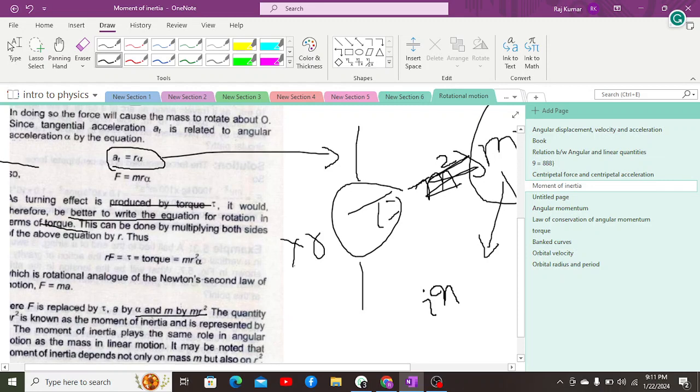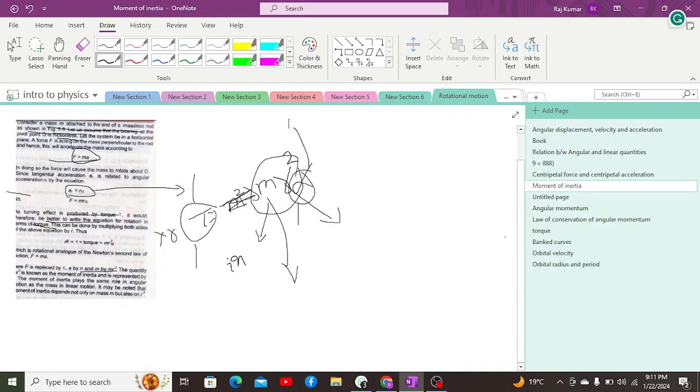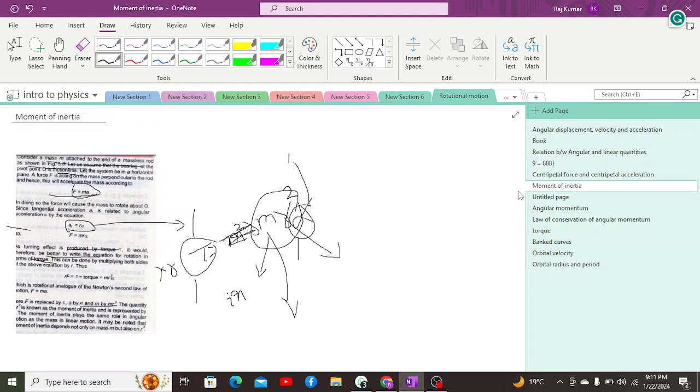The quantity is known as moment of inertia, which is represented by I, and it is dependent not only on mass but also on r square. Apart from that, it is a vector quantity again, and other factors which determine it include the density of the body, because mass and density are directly proportional.